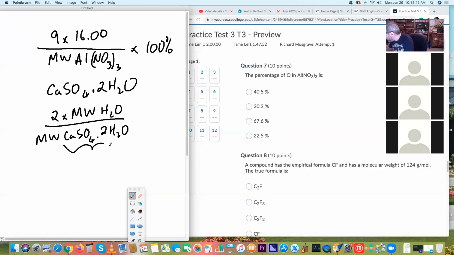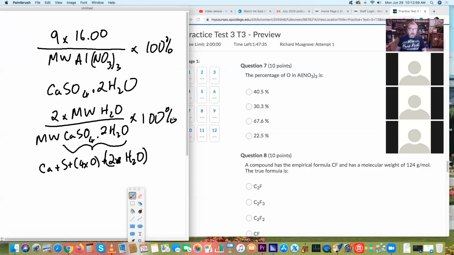The way we get that would be 1 Ca plus 1 sulfur plus 4 times oxygen plus 2 times H2O, multiplied by 100%. So that's the other possibility for question 7, getting the percentage of water. Does anybody have any questions?